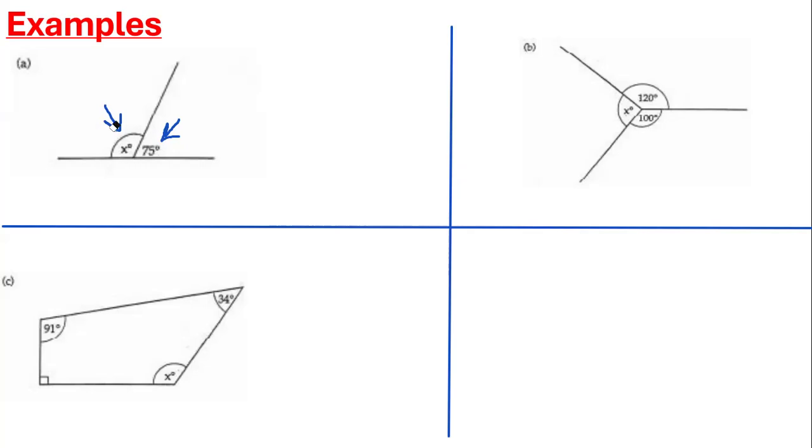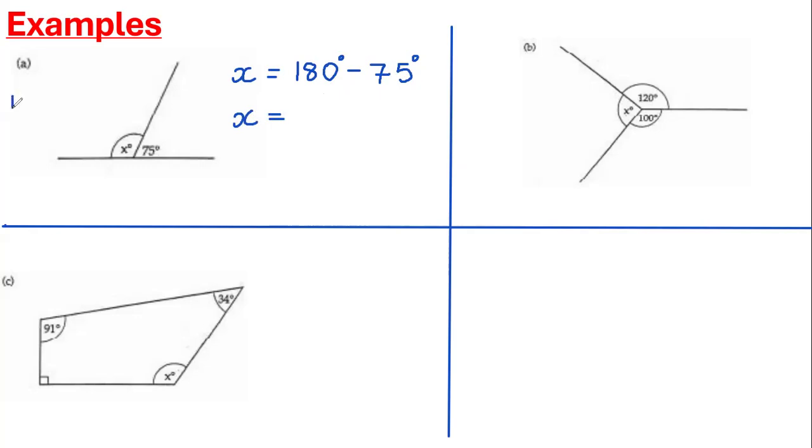So this is x, right? We're gonna say x is equal to 180 degrees minus 75 degrees.